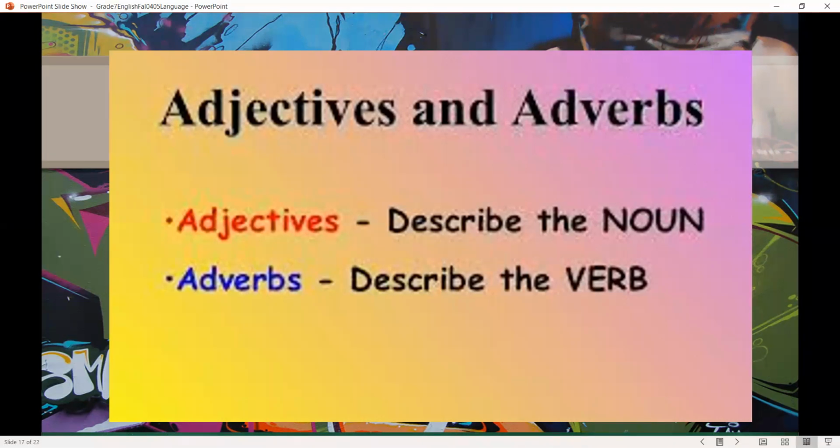So how can I make that? What adverb can I add in there to make that very interesting? And then we have jumped, which is the next verb. So how can I make jump sound more interesting? Who can make this sentence interesting for me?